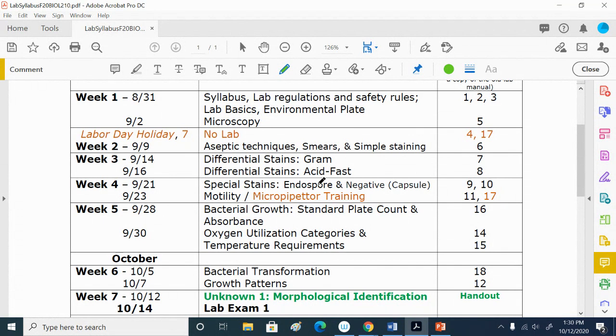What do you call it when they're covered with flagella? Peritrichous. Peritrichous. If they have a cluster of flagella, lophotrichous. Yep, and one on each end, amphitrichous. And just one, monotrichous. Monotrichous, right? So you should be able to recognize the arrangement when you see it in a slide.